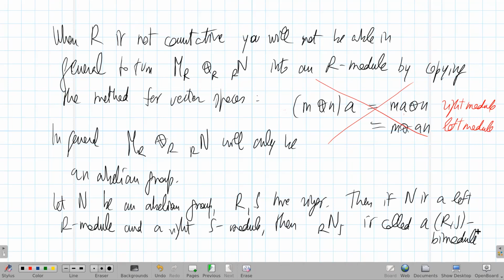Okay, so this might look perverse, but you'll see a natural example in a second. So an abelian group can be a module over two different rings. And if it's a left module for the first and a right module for the second, that is called an R-S bimodule.